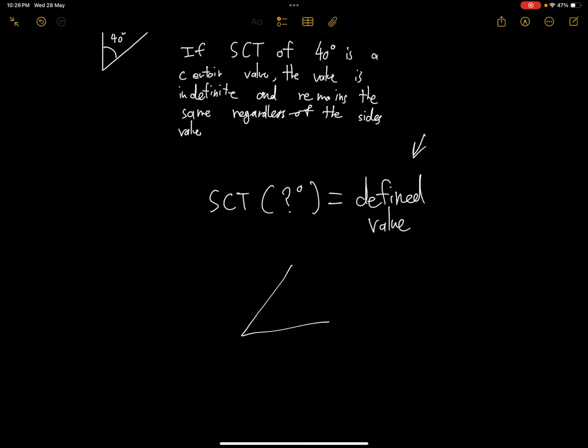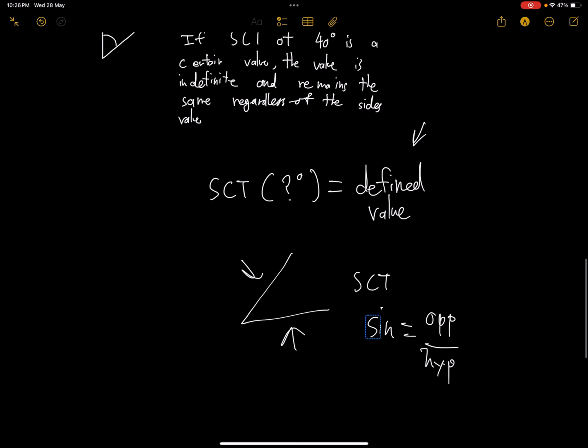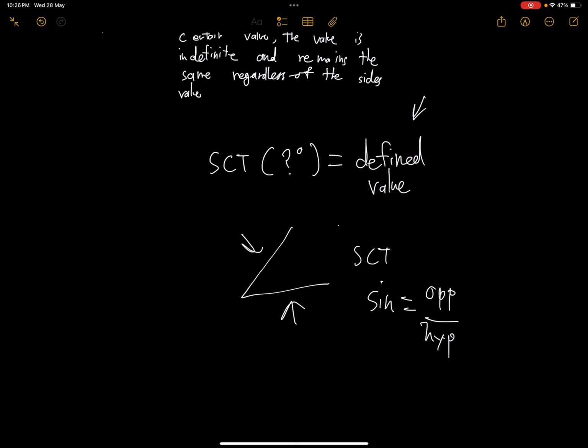If the sides that the SCT refers to, say if sin, it will be referring to opposite and hypotenuse, their opposite and hypotenuse values would not change in ratio compared to the defined value you already know. You can use a calculator to prove this theory. And that's basically it.